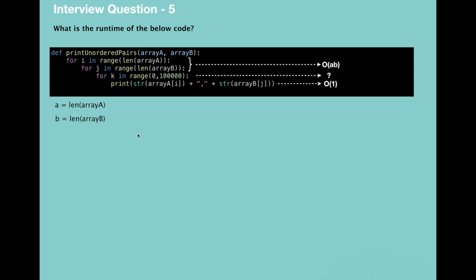So here we see that this loop runs from 0 to 100,000, which is at the end a constant number. This means that nothing has really changed. So the runtime of this loop will be a constant time operation. So if you combine these complexities over here, we will get a runtime complexity of O(AB). And that's it for this question. Let's continue to the next question.